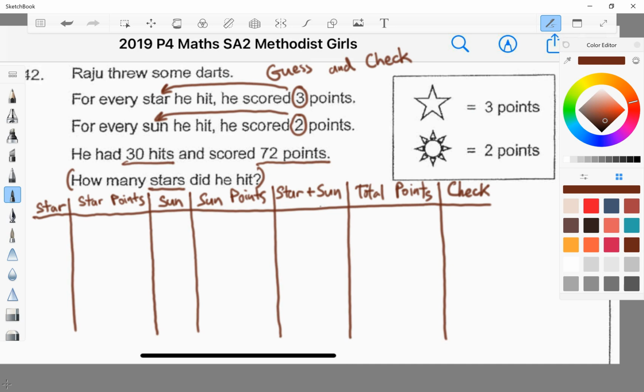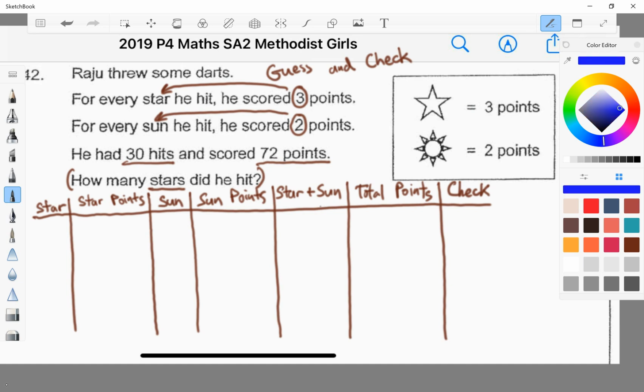And as they said, he had 30 hits, which means that he threw the darts 30 times. So I do not advise children to go with 30 stars and 0 sun. I'll advise children to actually start in the middle. So as you know, 30 is an even number.